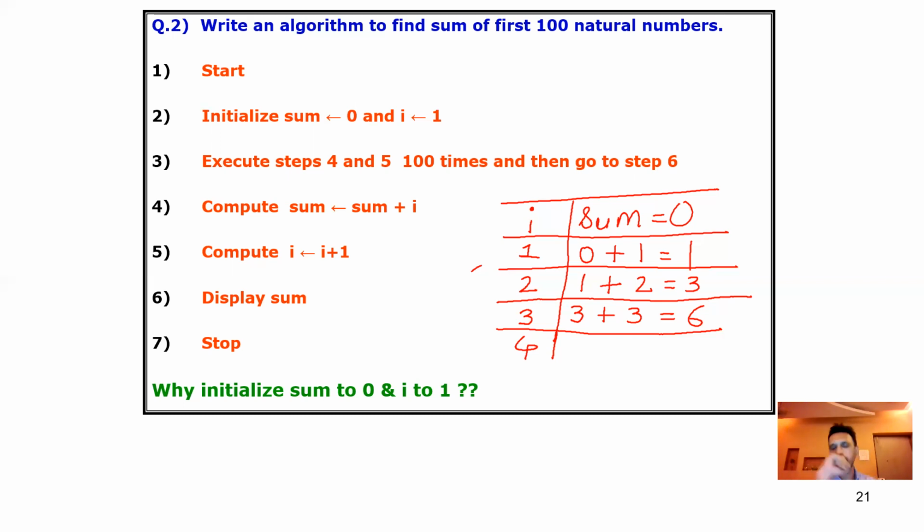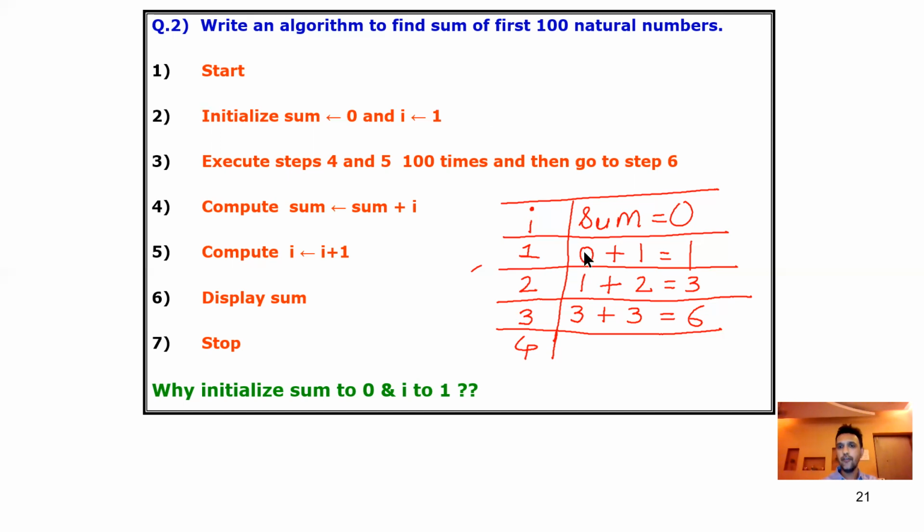Tell me what is the problem. It's very simple. The answer is in front of you actually. If I initialize sum to 78, it will start from 78. See, 78, 79. The problem lies over here.